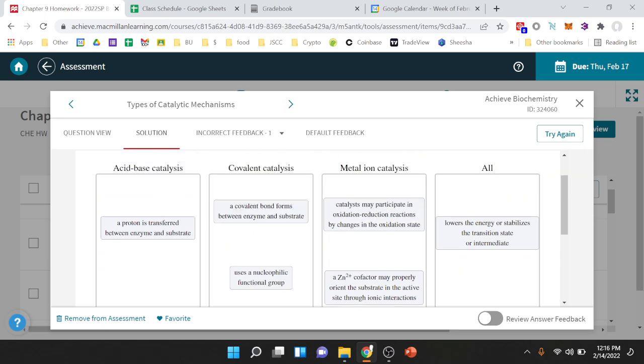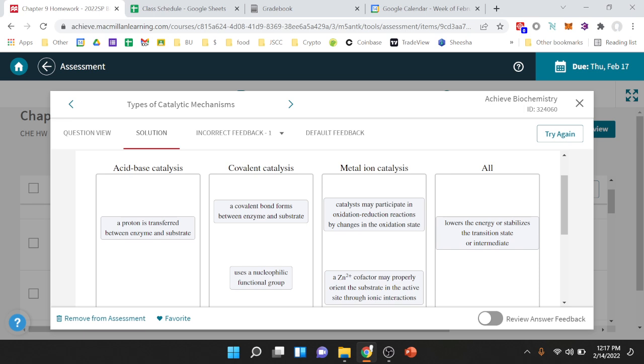Well, all of a sudden, if you have a covalent bond being formed, then to remove your substrate, what do you need to do? You need to break a covalent bond, don't you? And whenever we do a mechanism, we always have separate steps for whenever we break and form covalent bonds, right?